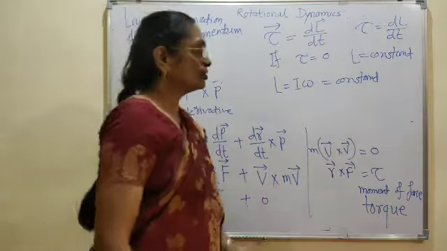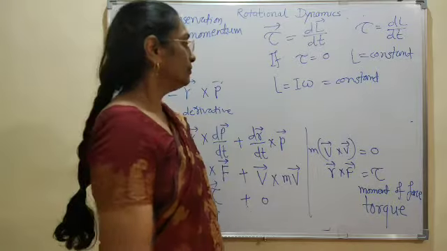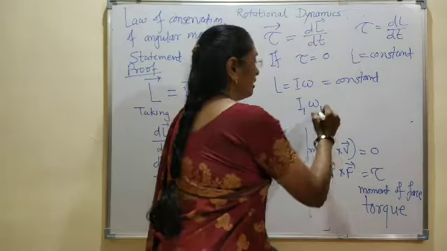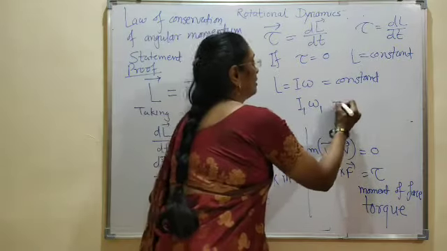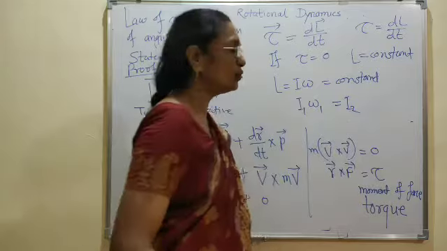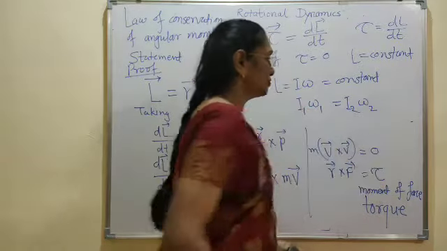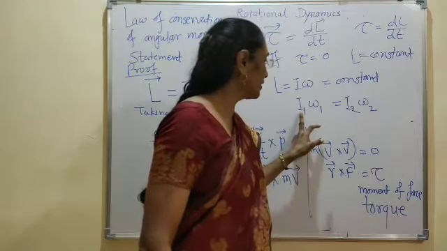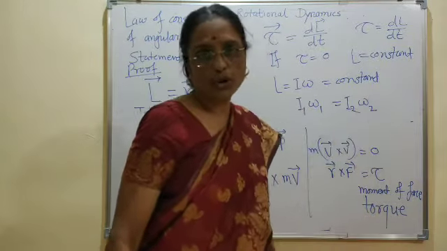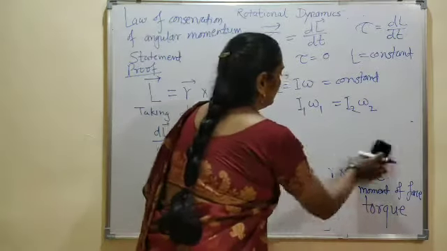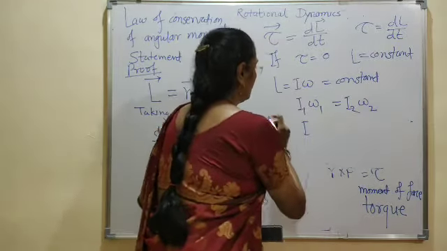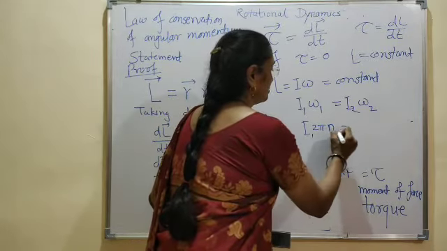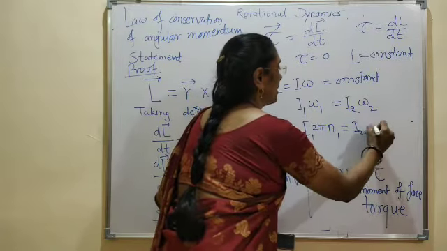If there are 2 or 3 situations in which the moment of inertia is I1 and angular velocity is omega 1, in another situation moment of inertia is I2 and angular velocity is omega 2, then I omega remains constant. We can write I1 omega 1 is equal to I2 omega 2. Similarly, as omega is related to n, we write I1 twice pi n1, I2 twice pi n2.